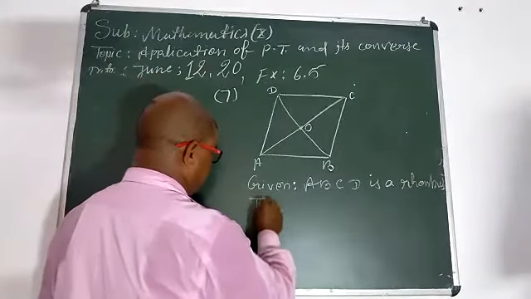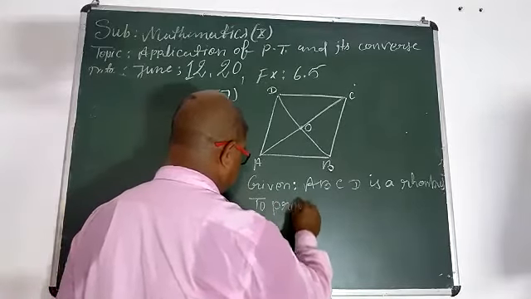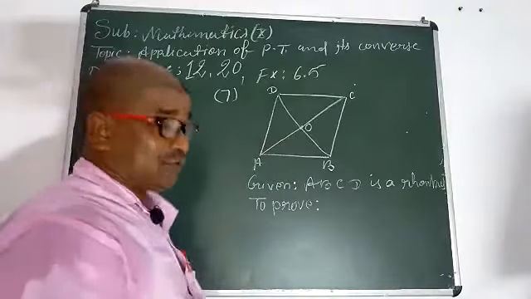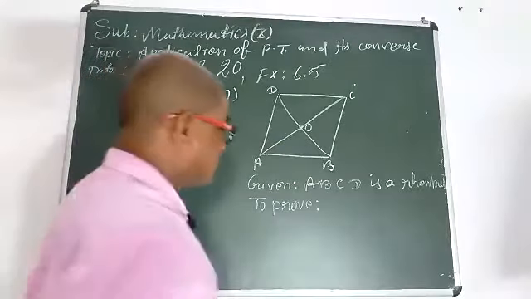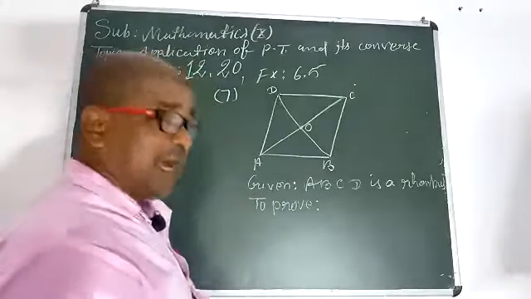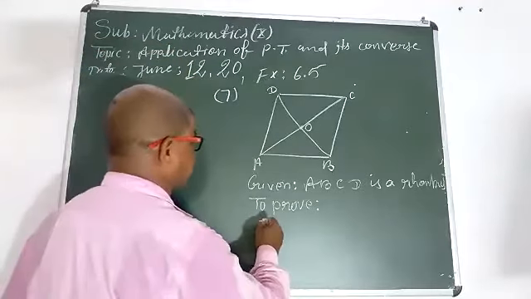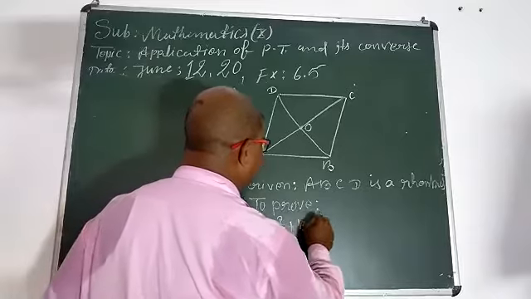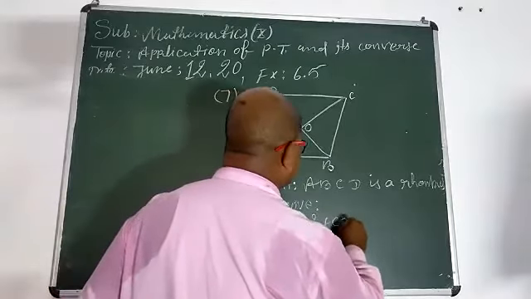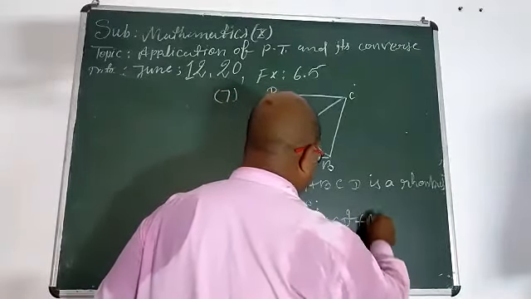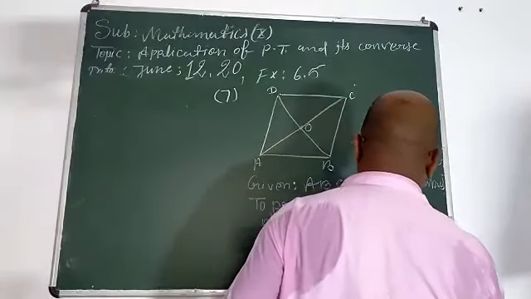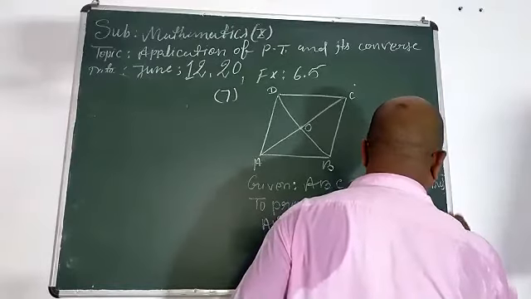To prove, what do you want to prove? The sum of the squares of the sides of the rhombus. It means AB square plus BC square plus CD square plus AD square equals AC square plus BD square.